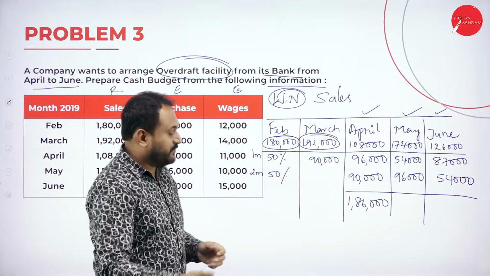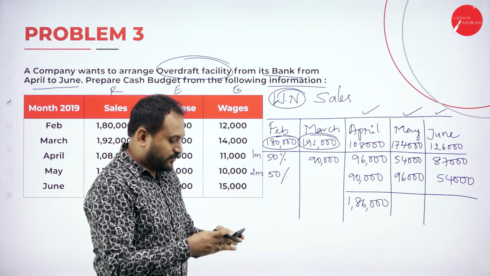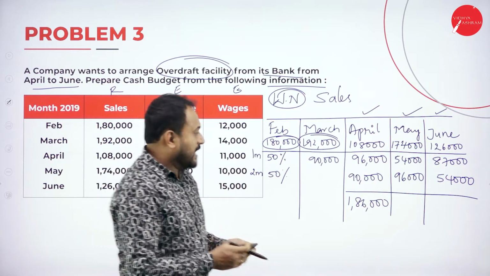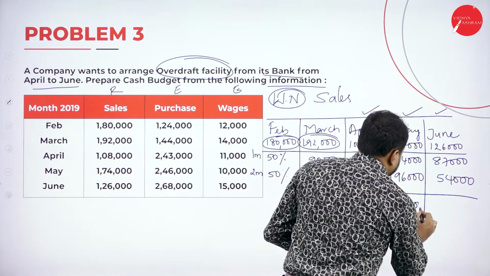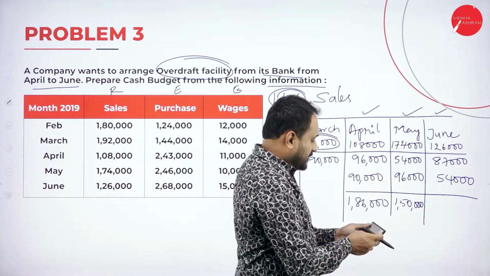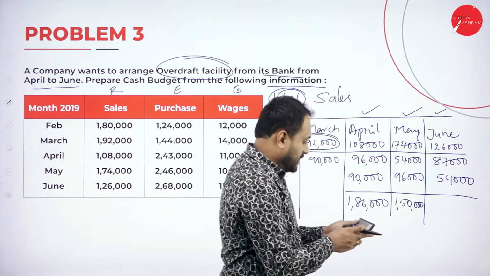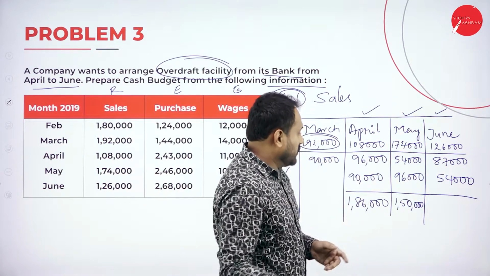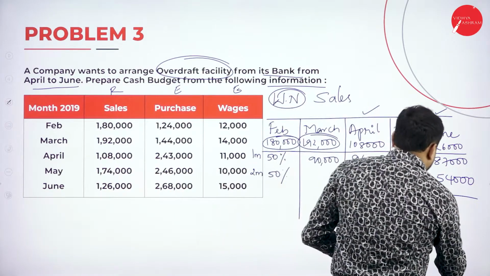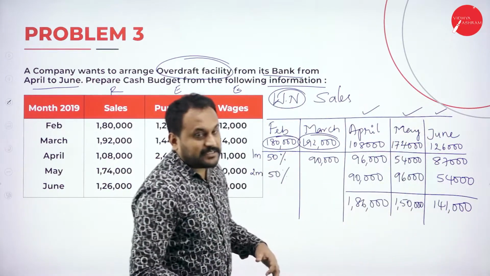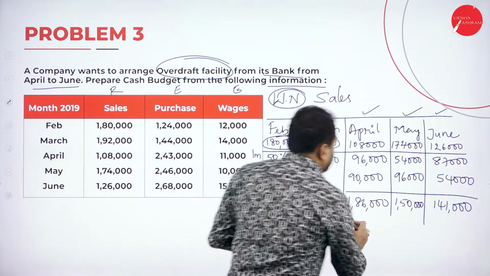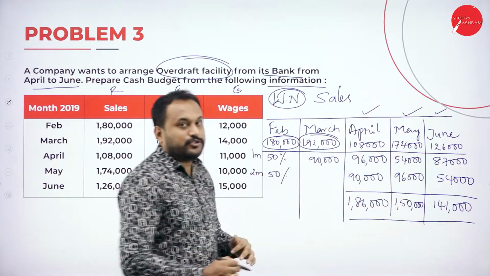Now we have here 54 and 96. 54 plus 96, 150, that is 1,50,000. And the last one is 87 plus 54, 1,41,000. So this is what my sales for the months of April, May and June, right?